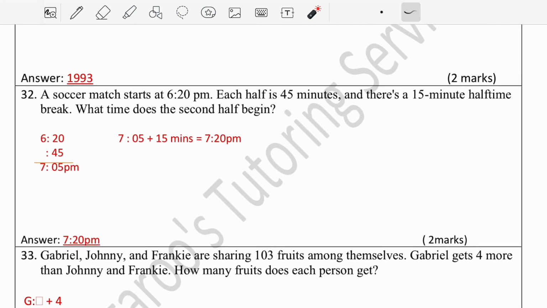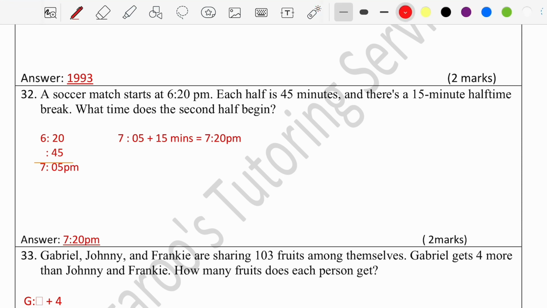Number 32. A soccer match starts at 6:20 p.m. Each half is 45 minutes and there's a 15-minute halftime break.